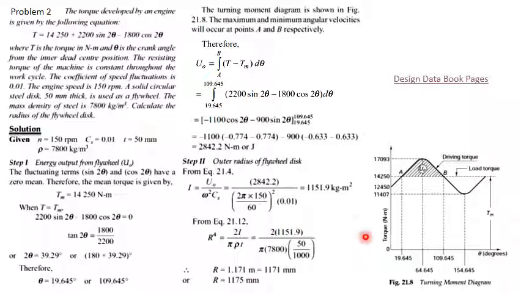Now if we look at this figure, there is actually no need to find the ups and downs positions, but if we desire to find these values, then the mean torque is already known. At theta equal to 0, if we compute from this equation, we will get T equal to 22,450.